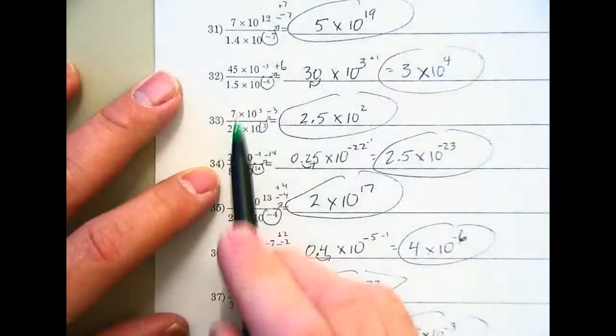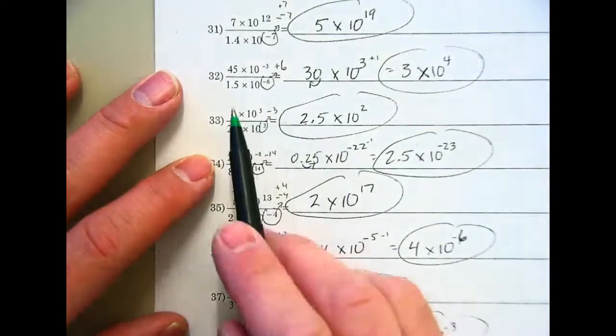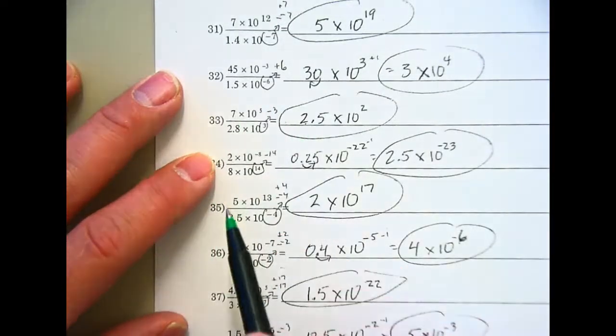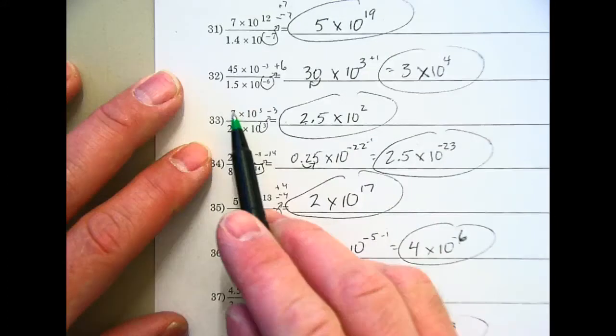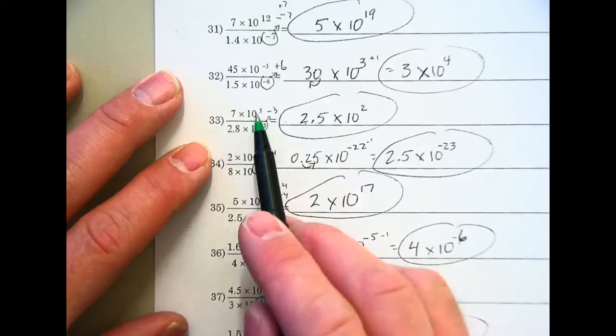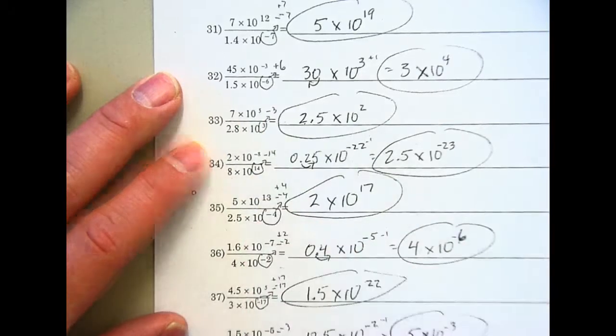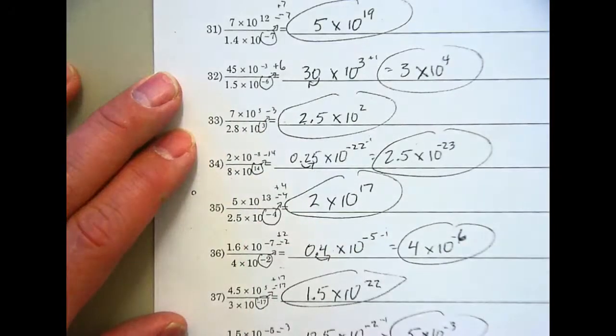Is it 7 divided by 2.8? If you divide those out, does that give you 2.5? Yeah? Okay. And then 10 to the 5th divided by 10 to the 3rd is 5 minus 3, which is 2. Any other questions there?